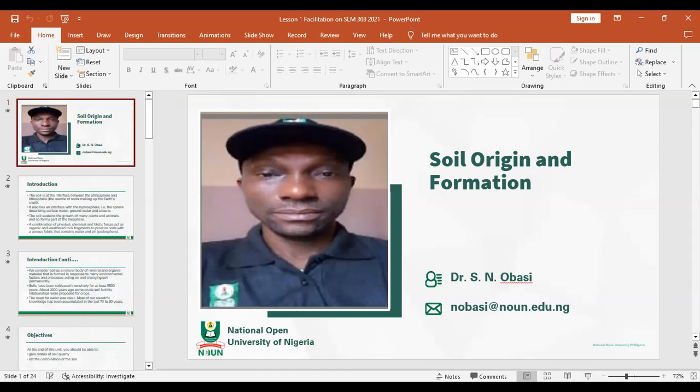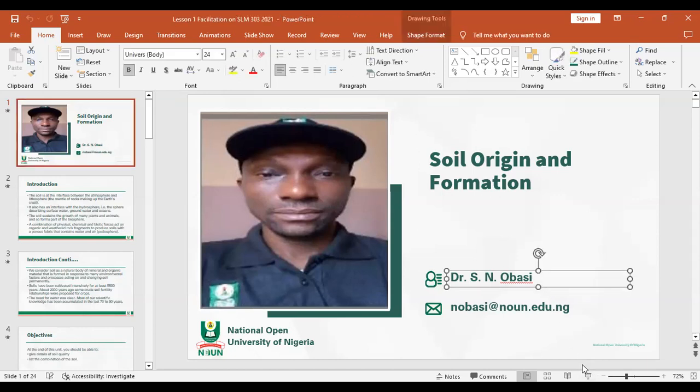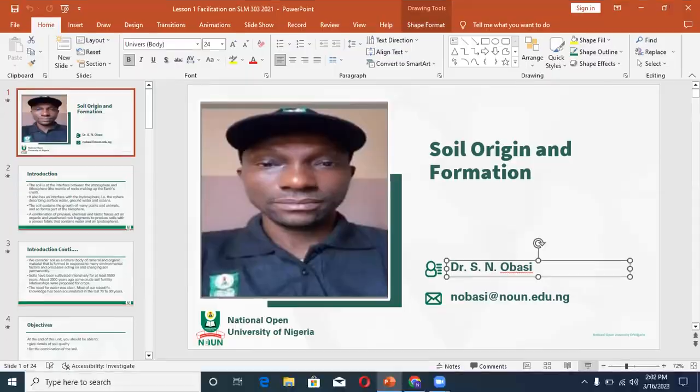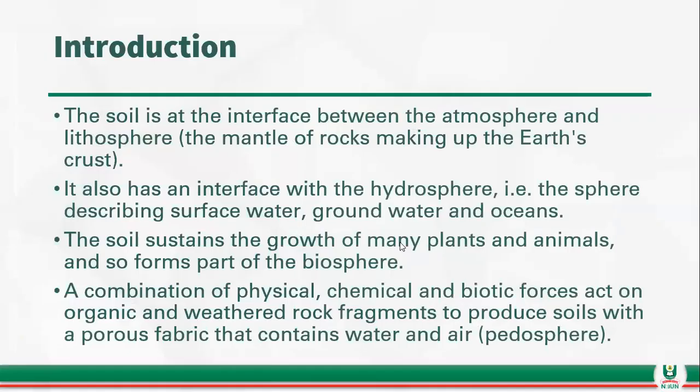Now, when we talk about the origin of soil, we'll be learning the interactions, the factors that came into play to bring about soil as an entity. We already know that soil is an interface between the atmosphere and the lithosphere.